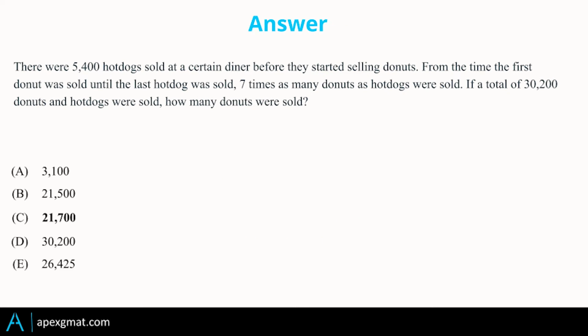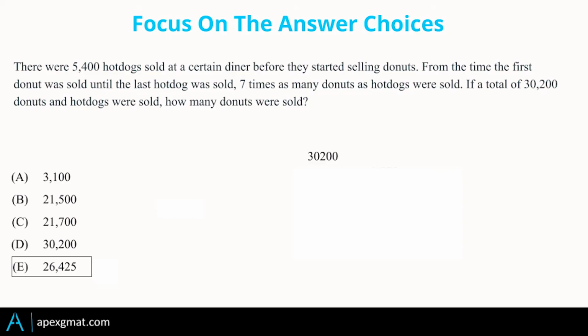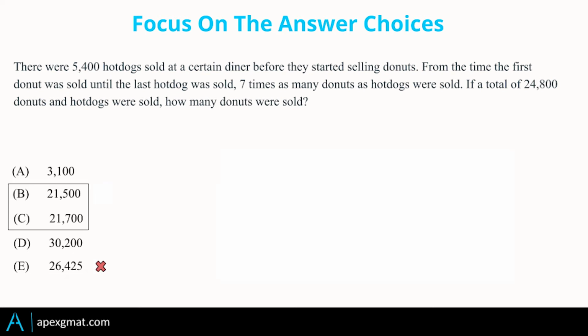Notice in the answer choices, there's a few things to address, sort of common errors that might be made. On one of the answer choices, what you're looking at is dividing the total, the 30,200, by 8 and multiplying by 7. That is 7/8 of it, without getting rid of those first 5,400. Another answer is close to our 21,700 correct answer. And this is also a fairly reliable signal from the GMAT.